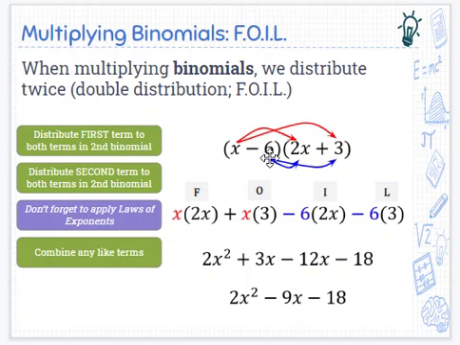Here, negative 6 times 2x, that's your inner terms. Negative 6 times positive 3, those are your two outer terms. Now, unlike previous problems, we do not, I repeat, do not have a plus or a minus sign between your two sets of parentheses. This is when we multiply.